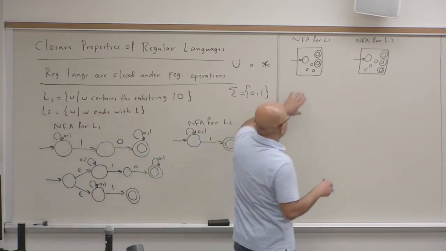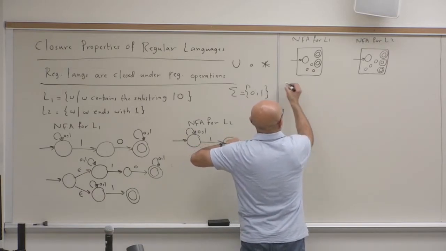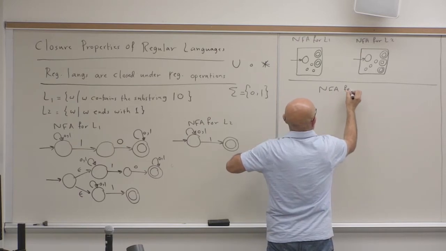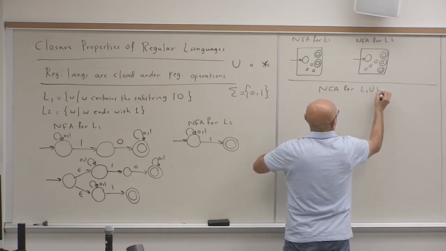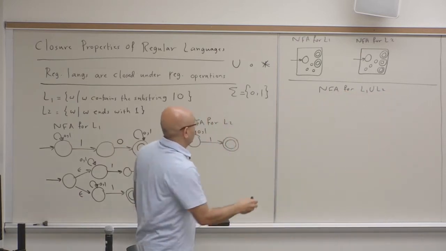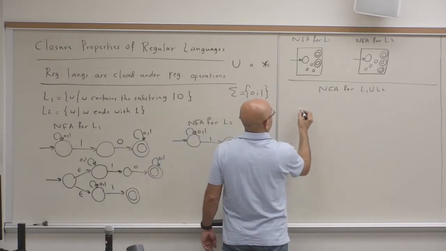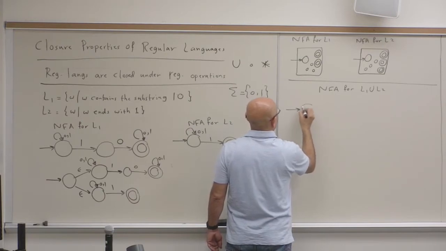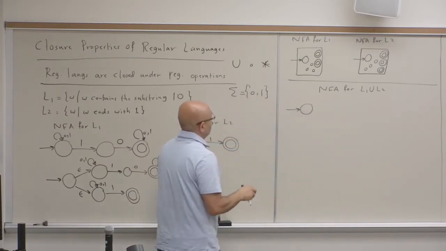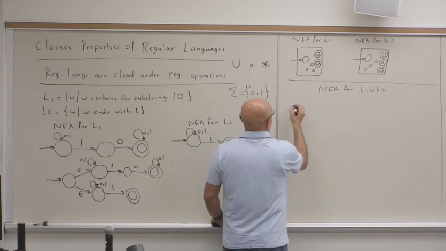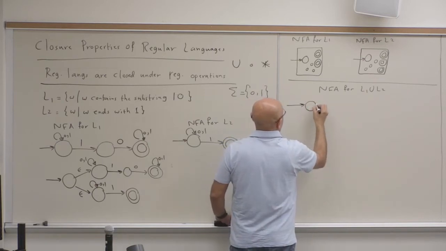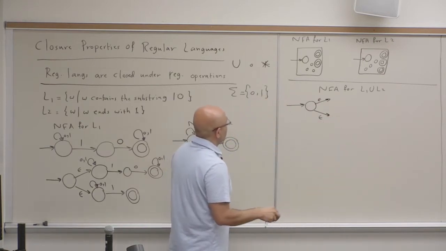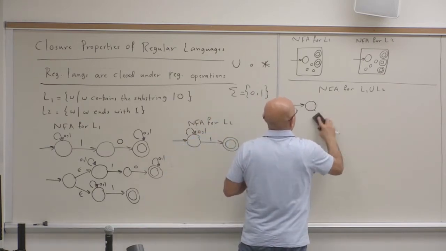Now, in general, an NFA for L1 union L2 is going to look like this. I'm going to add one new state. Then I'm going to branch on epsilon. I think I need more space.